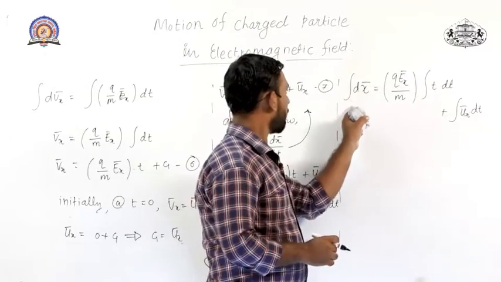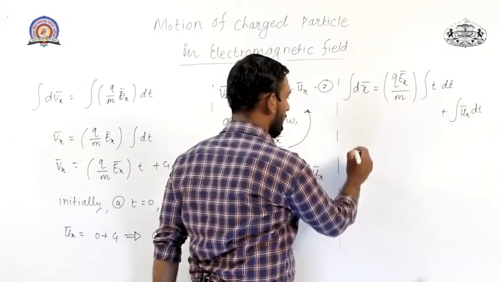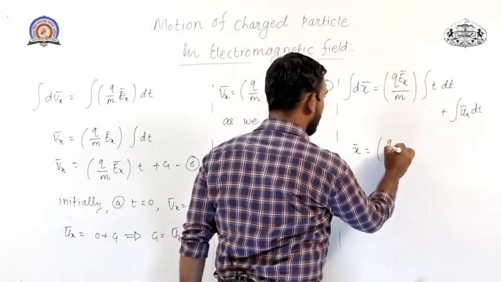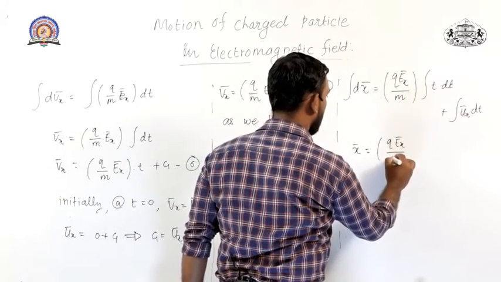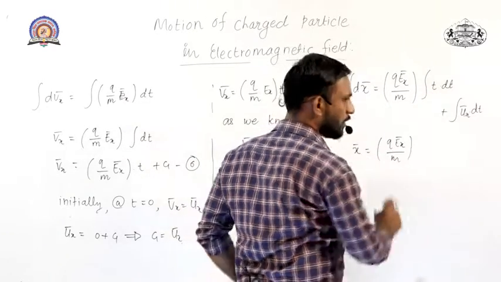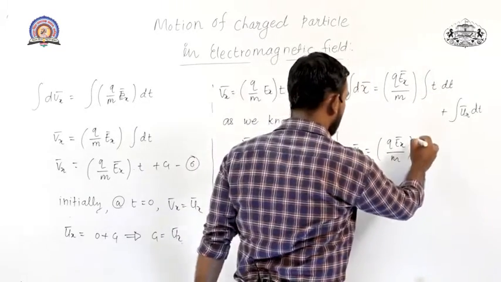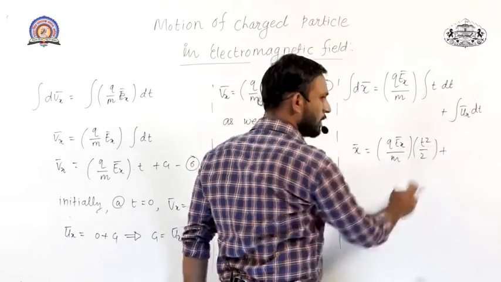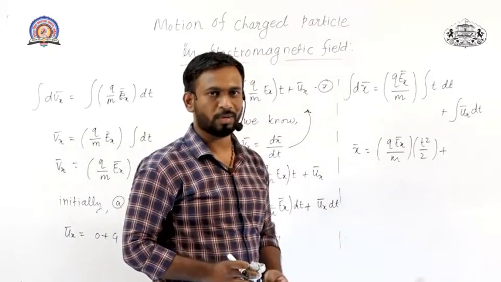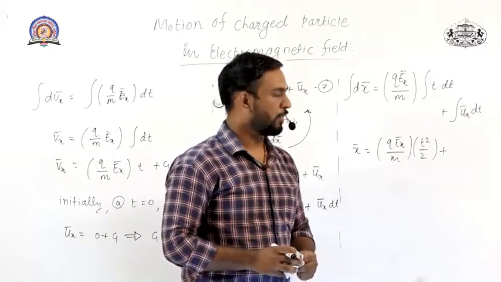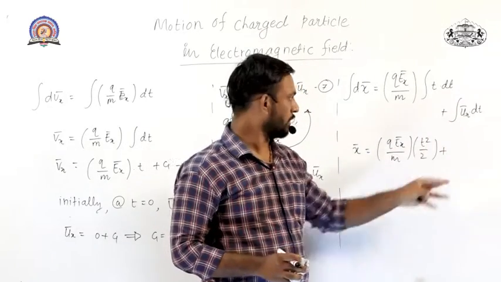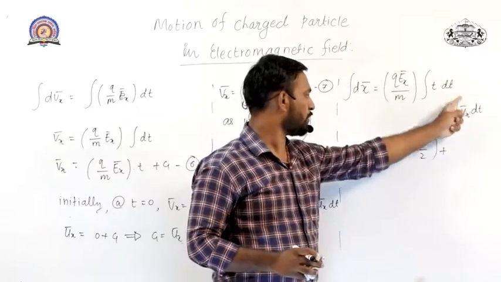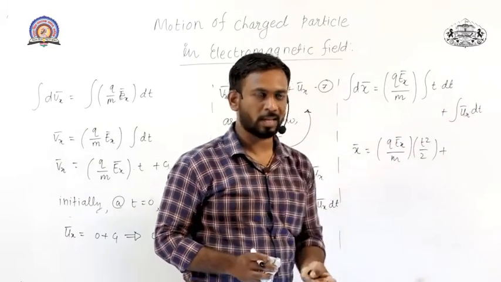If we take the integration of these terms, what is the integration of dx? x. qEx upon m, a constant quantity, stays outside as it is. Integration of t with respect to t is t square upon 2, basic mathematics. Ux is a constant, again independent of time, because the particle moves with initial velocity ux along the x direction, so at every time the velocity of the charged particle is ux, the initial velocity.